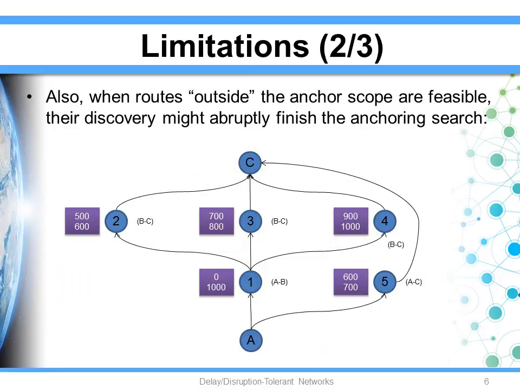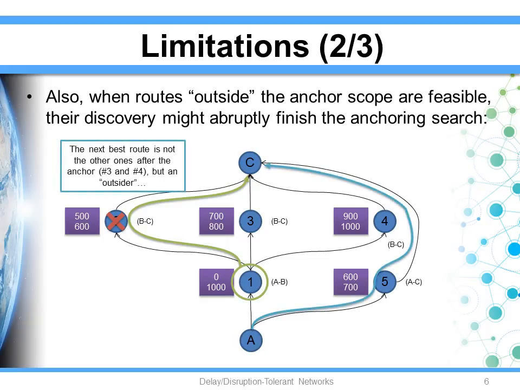Another limitation is when another route is outside the anchor scope. It happens like this: we start anchoring on the initial contact, then we find the best route to C, which in this case has a best delivery time of 500, and then we do the second search.